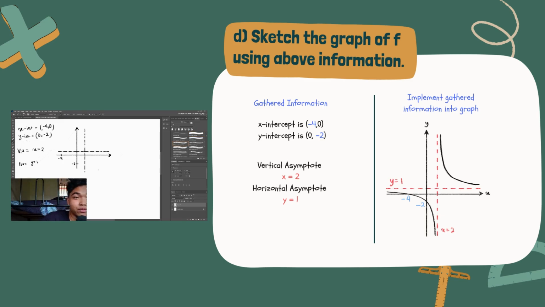So after that, we have x equal to 2, and right here is y equal to 1. What we just need to do is connect these points, staying slightly below this line, and mirror the same thing over here. So we have the same graph as on the slide.